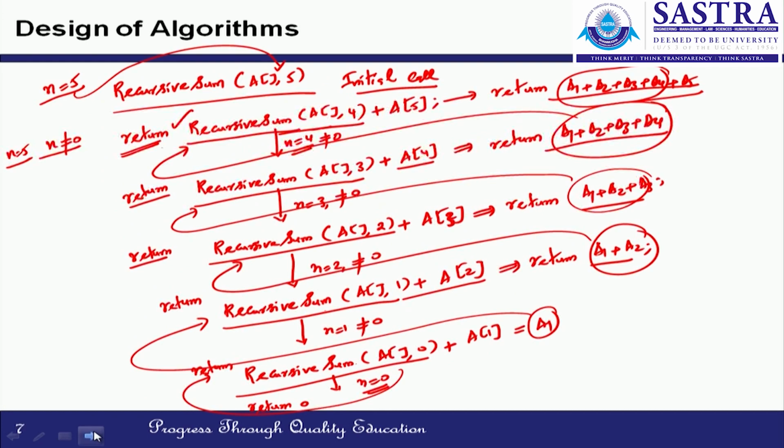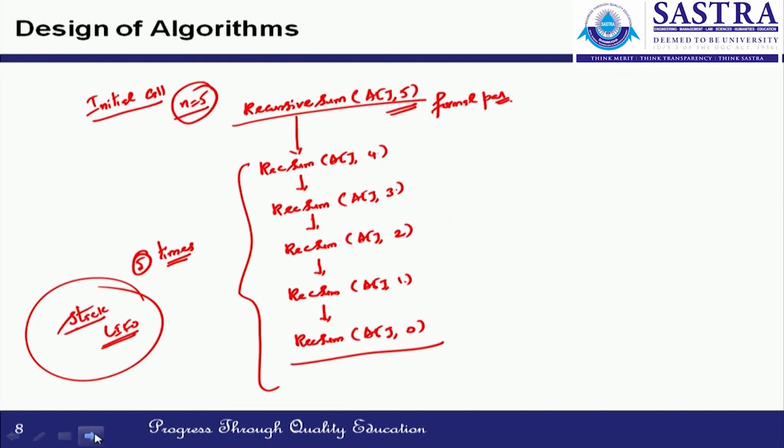So clearly recursive sum of a comma 5 invokes recursive sum of a comma 5 minus 1, which is 4. Then in the next recursive call, the formal parameter is decremented to 4 minus 1, 3.